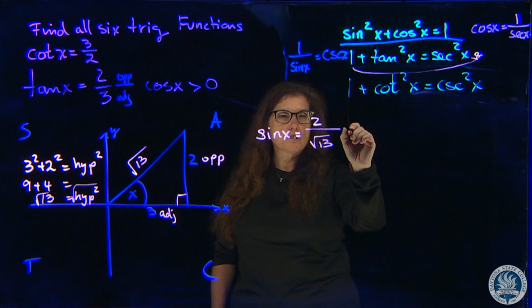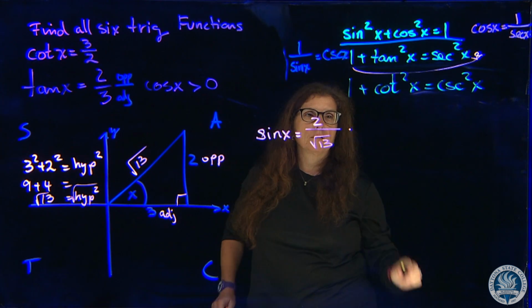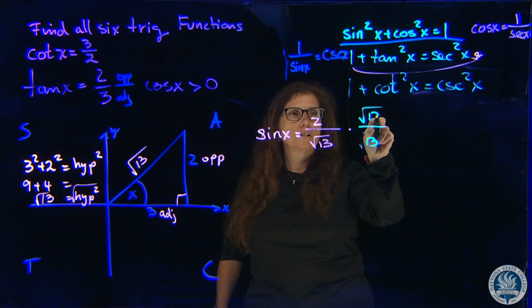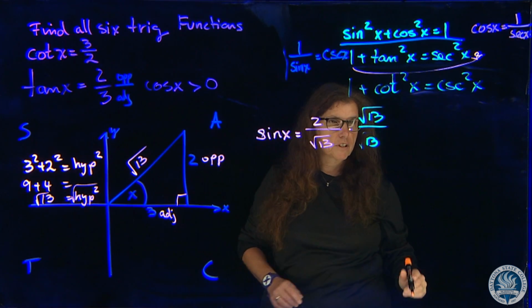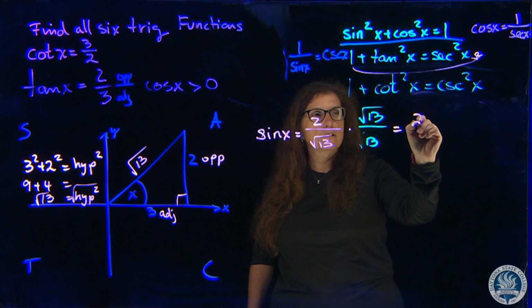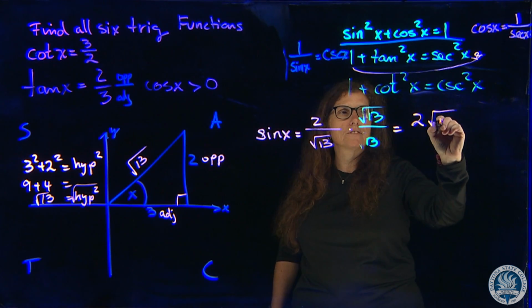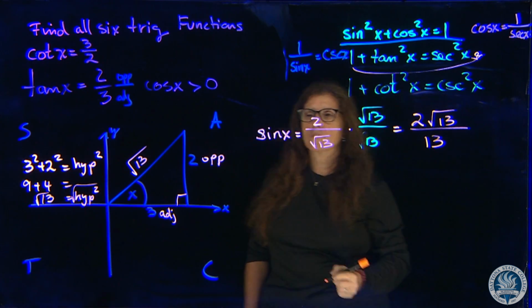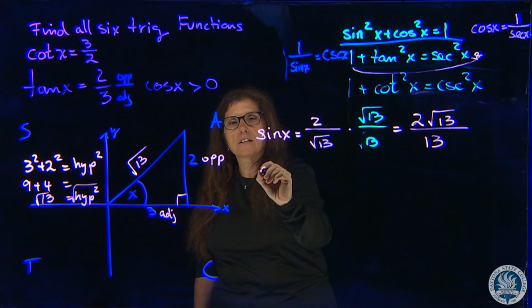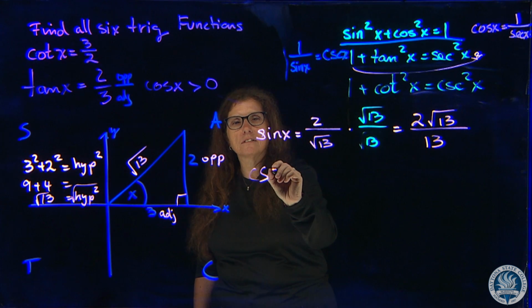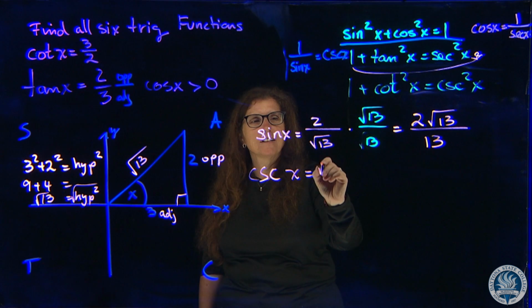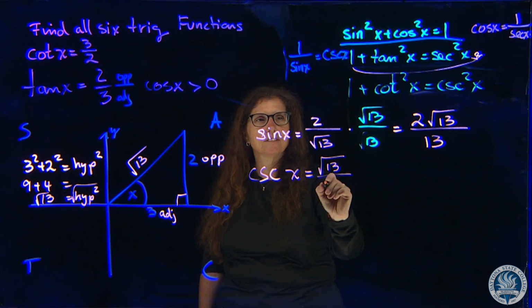We need to rationalize, so multiply by the square root of 13 to get rid of the radical in the denominator. That leaves you with 2 square root of 13 all over 13. Once we have the sine, the cosecant is the reciprocal, so the square root of 13 over 2.